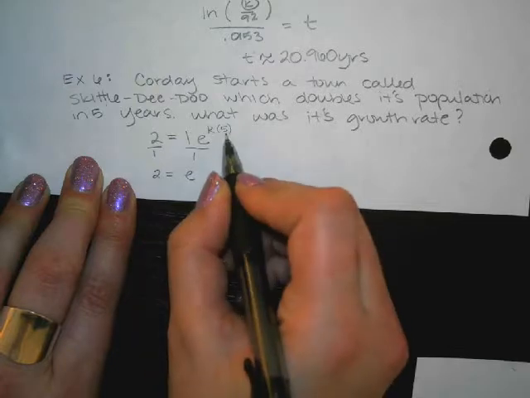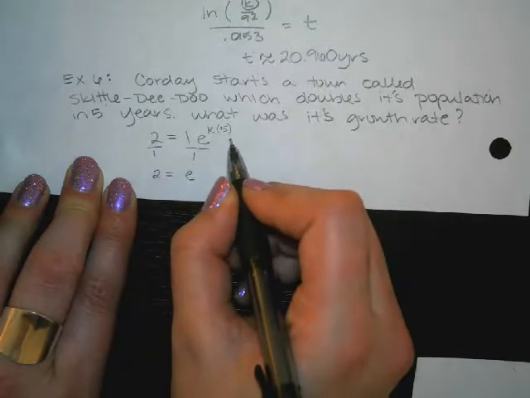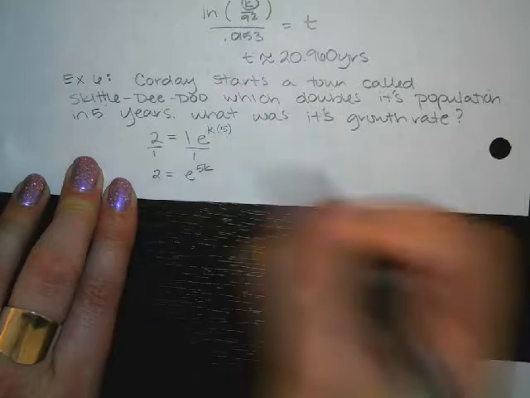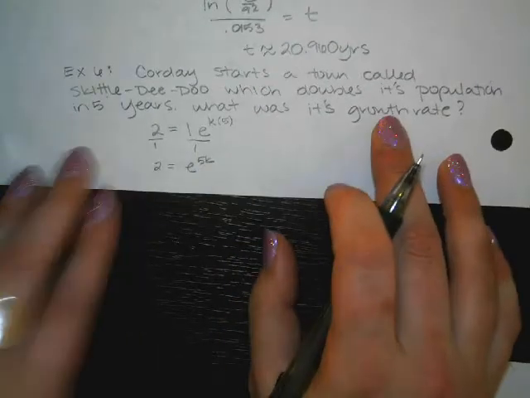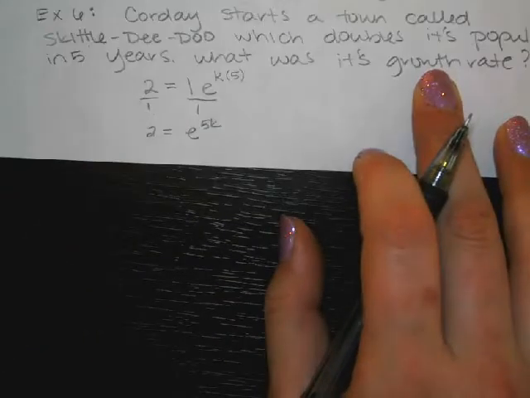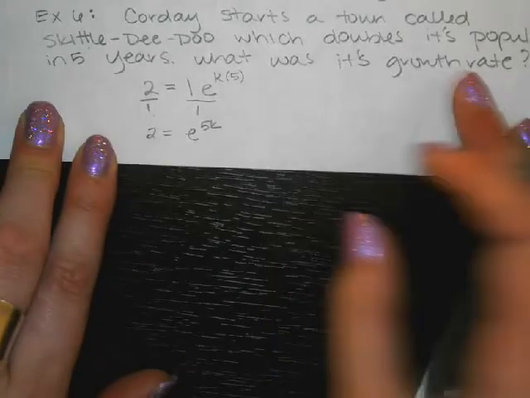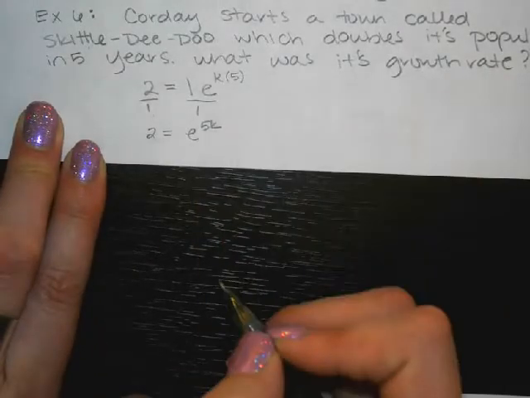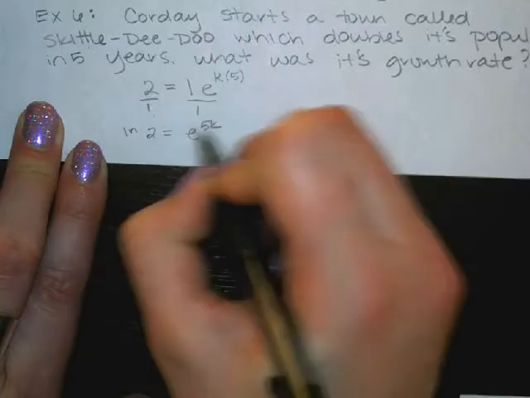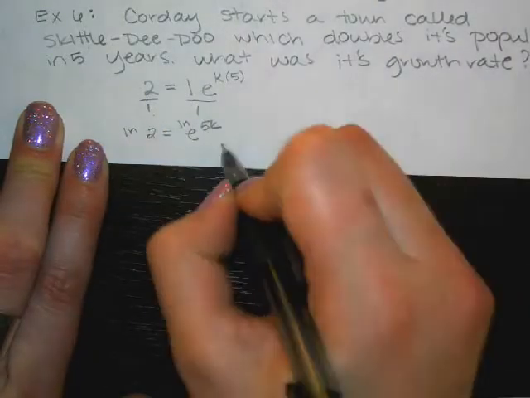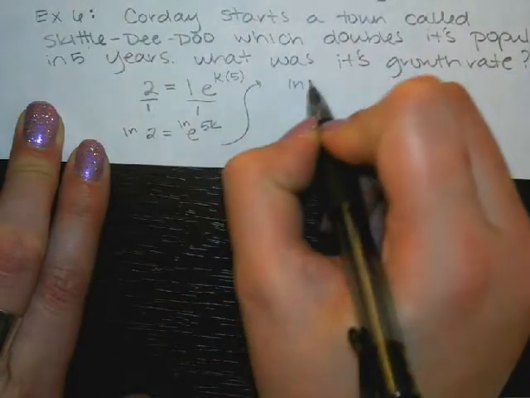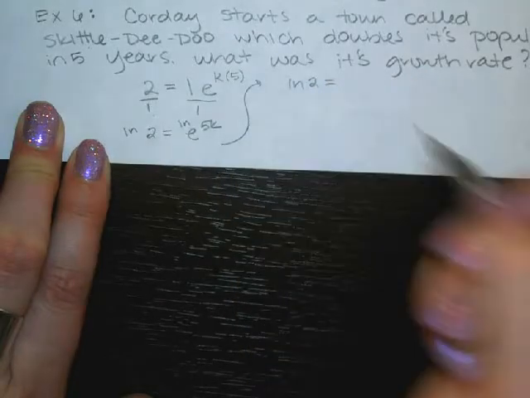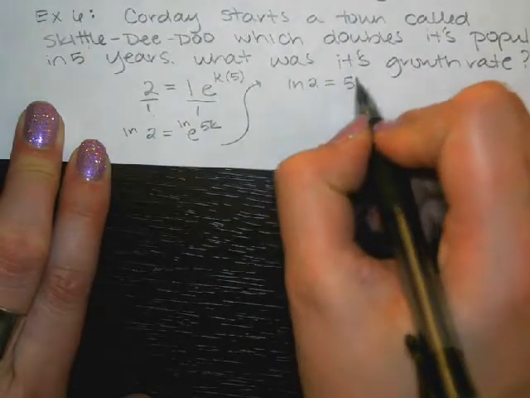Can I write 5K instead of K5? I prefer K5. All right. Now what do I do? ln. Okay. So ln of 2 equals 5K.